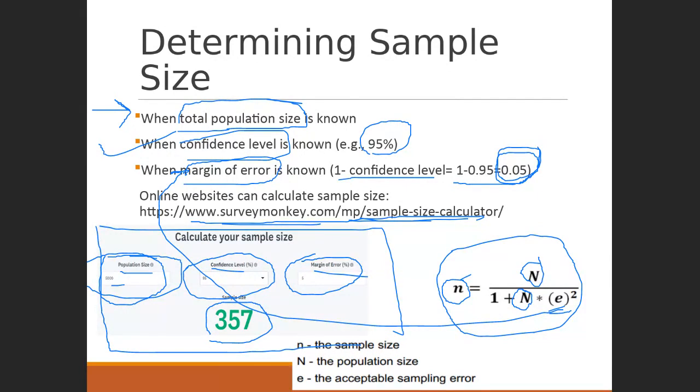But if you don't have that updated population list, how will you go about collecting this sample size of 357? Because your population has clearly identified subgroups, there are four different faculties. Assuming that all these faculties are similar in size, you want to distribute your sample size into four parts.